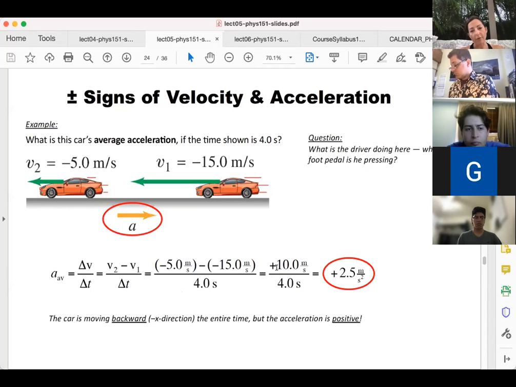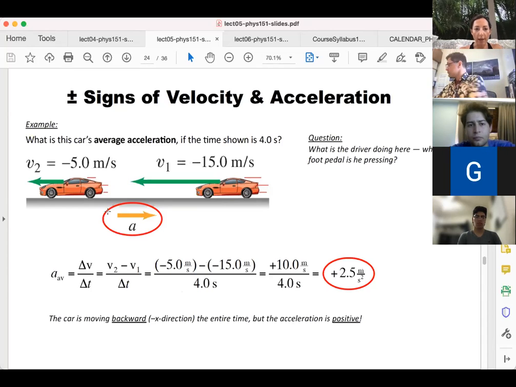Okay, so you have 10 because this one becomes positive, right? Minus times minus makes plus. So it's like you have minus 5 plus 15, which is plus 10, divided by 4 seconds. It gives you an acceleration of 2.5 meters per second squared, which is positive.